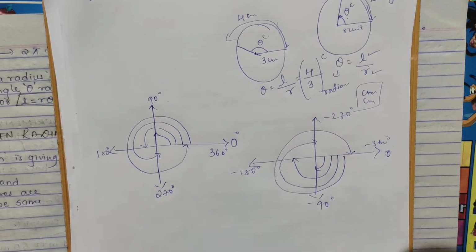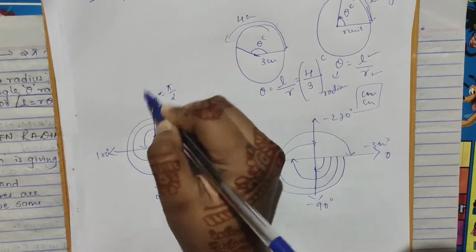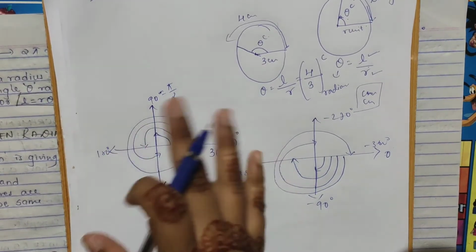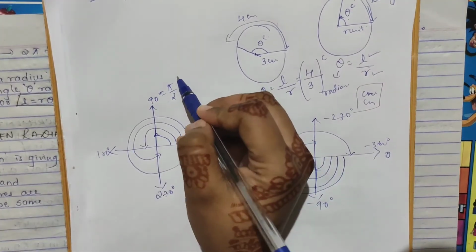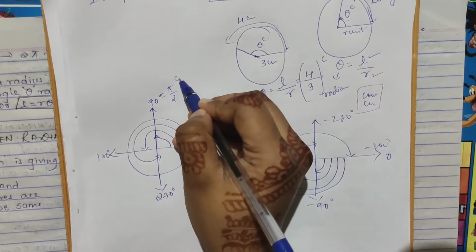As we have said, radian measure and degree measure are considered to be the same. So if I am writing in radian, as I have told you, pi by 2 is termed as 90 degrees, right? So I'll write directly, I'll not write any notation.